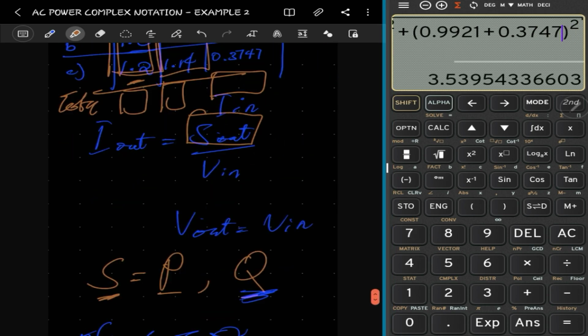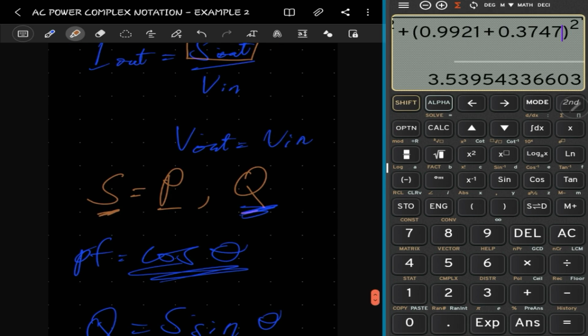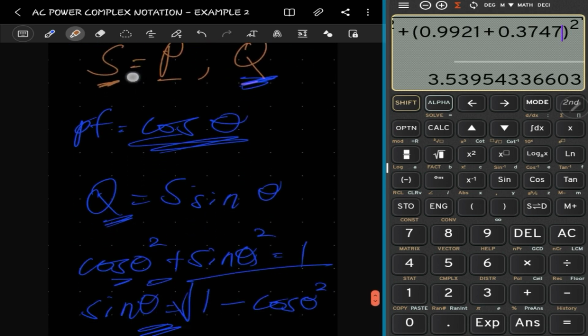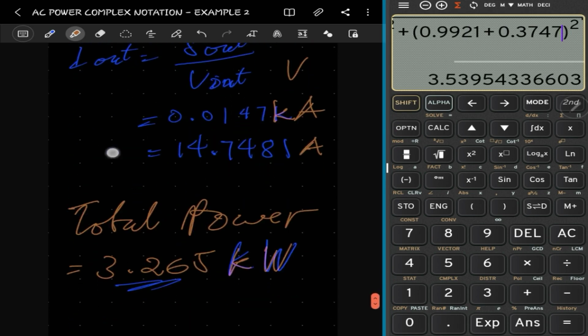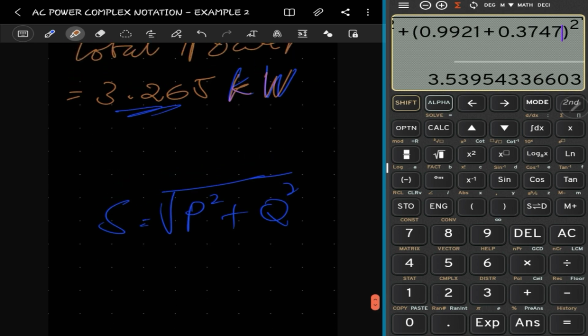And that gives us our total apparent power, which is the output apparent power, or the apparent power of the load, right? So let's see. So that gives us the S of 4 dp, 3.5395, and because it's apparent power, we have a unit of what?